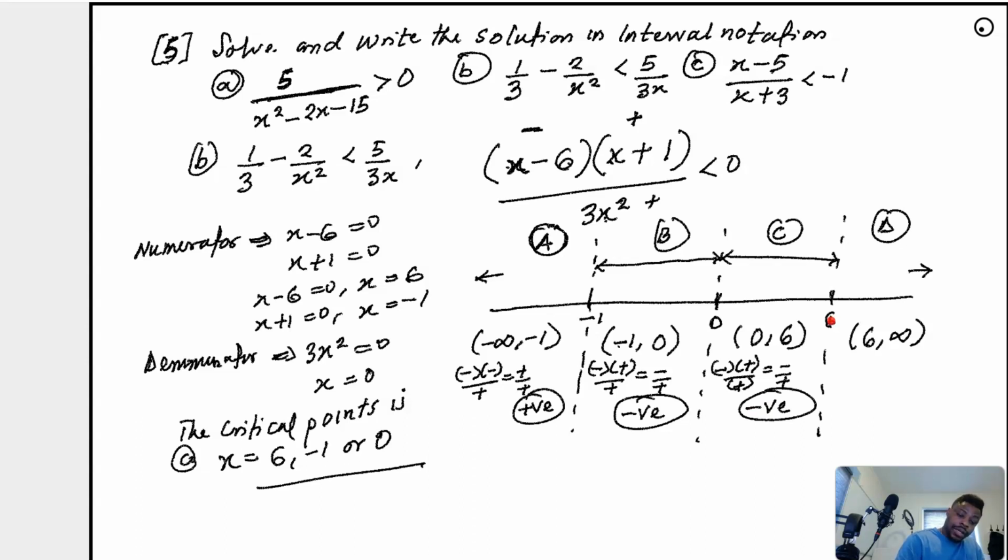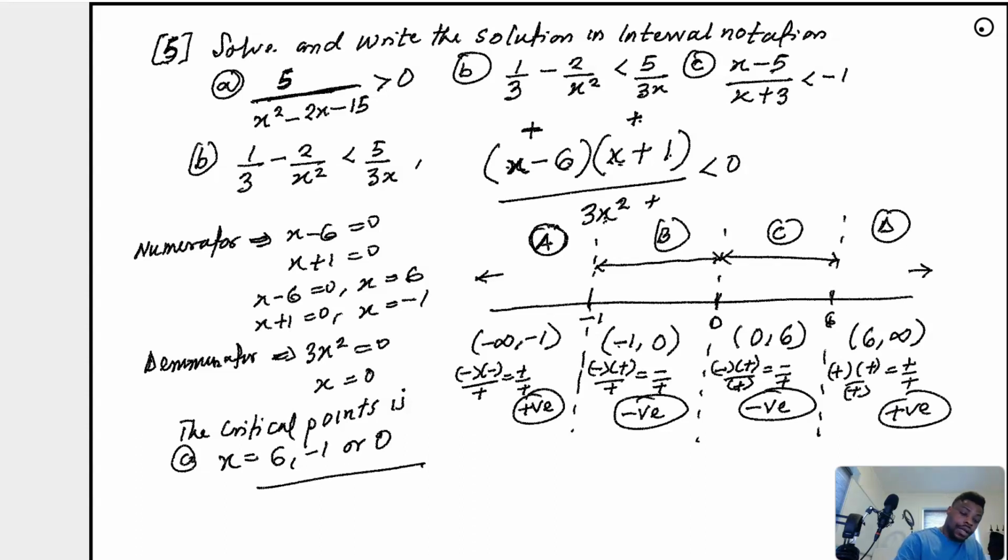Let's pick a number between 6 and infinity. Let's pick 7. 7 minus 6, that is positive. 7 plus 1, positive. 7 squared, positive. So positive, positive, positive, this will be positive.